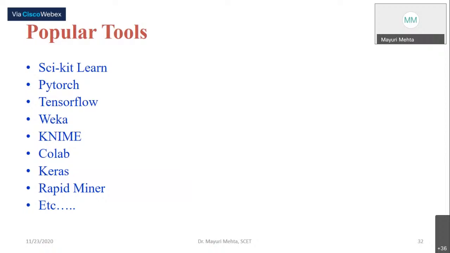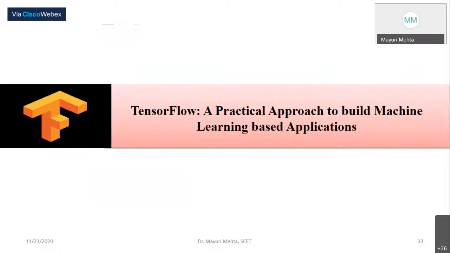I cannot cover all these tools, so many are there, but let me discuss TensorFlow, whose popularity is growing, and which has been used to solve several complex real-life problems in different sectors. I'll show you examples which have been solved by building machine learning models using TensorFlow.